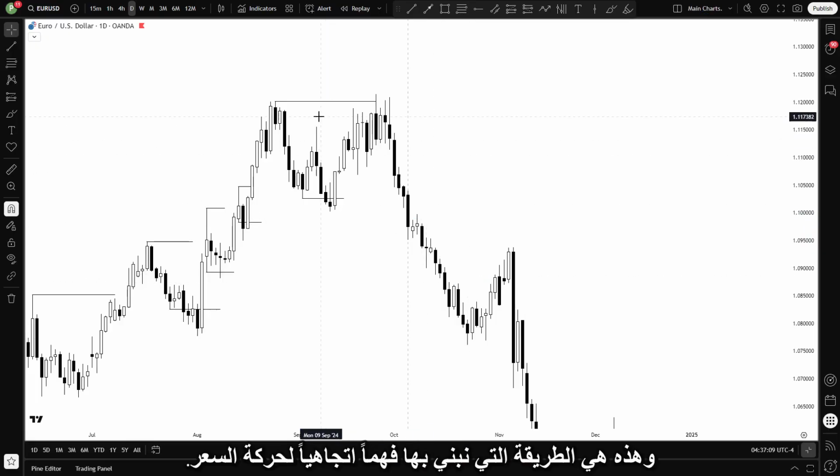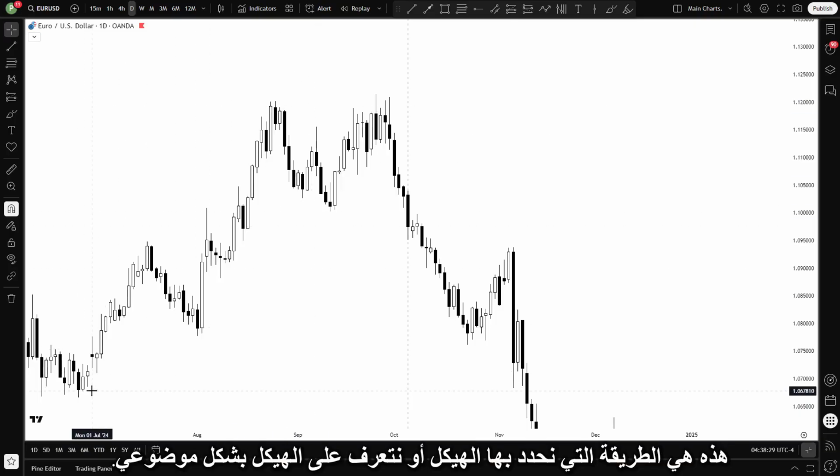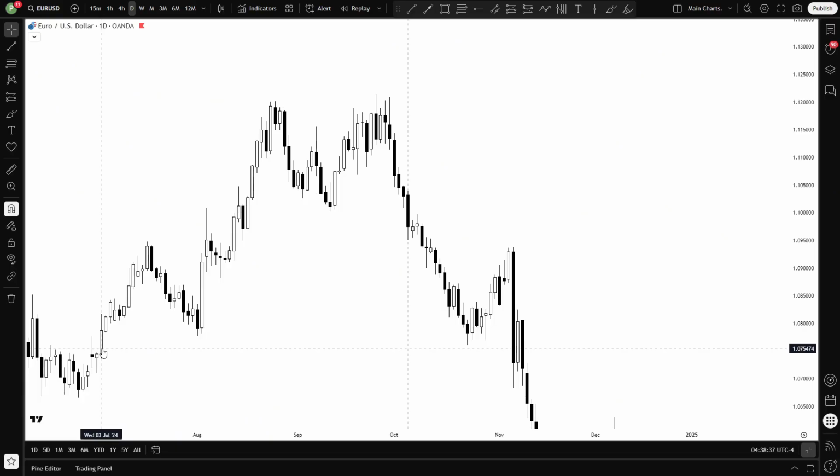That's what's happening here, and that's how we build a directional sense of price action. This is how we objectively define structure or recognize structure.